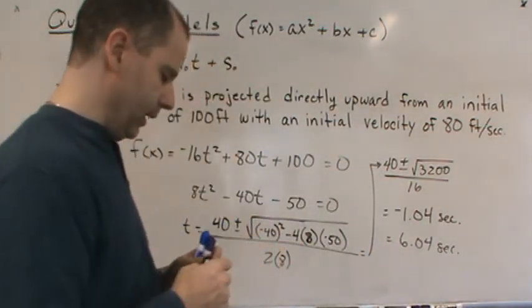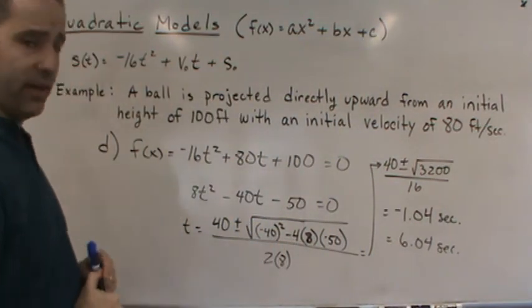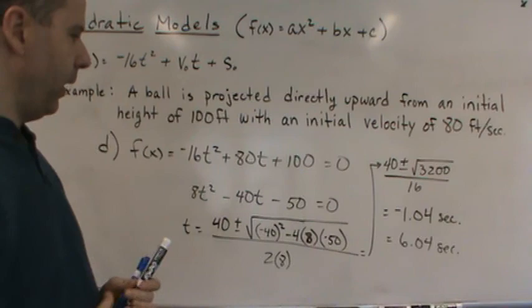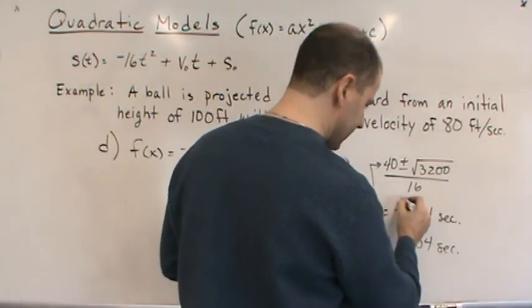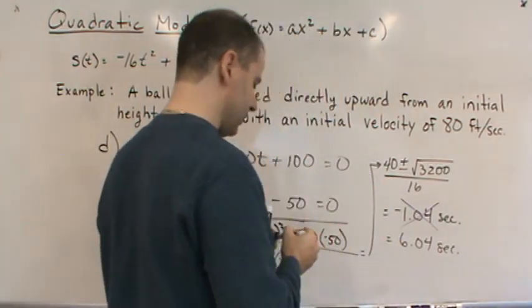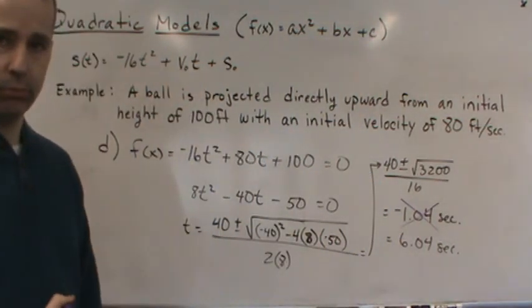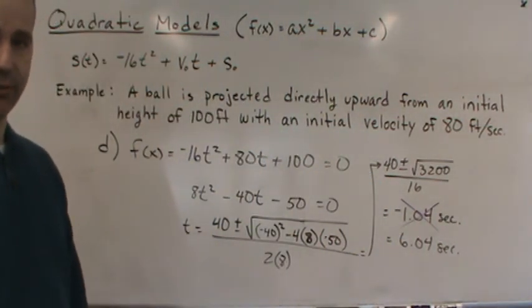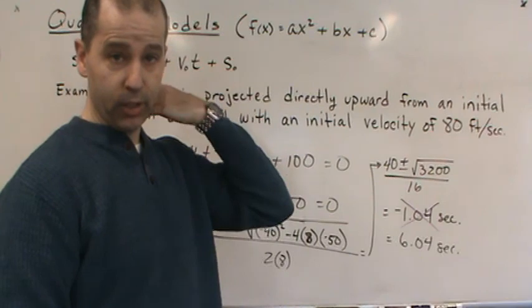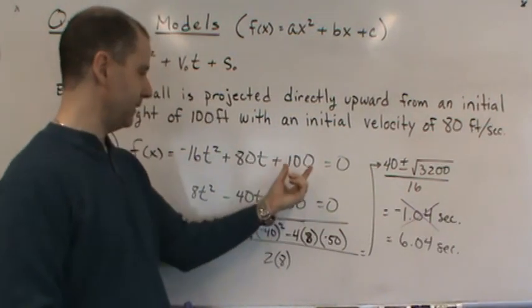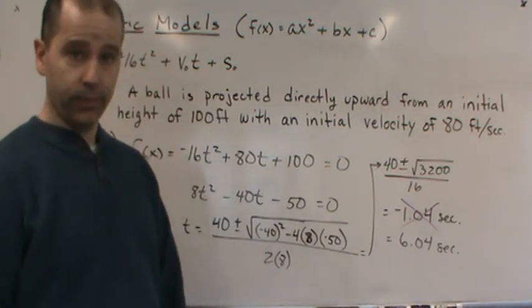Okay, so now the question is when does the ball hit the ground? Well, we should automatically say that the negative cannot be applicable, right? Because we can't have negative time. And it should also make sense because when we started throwing the ball, it was already at an initial height of 100 feet.